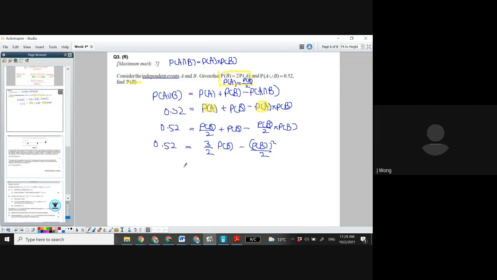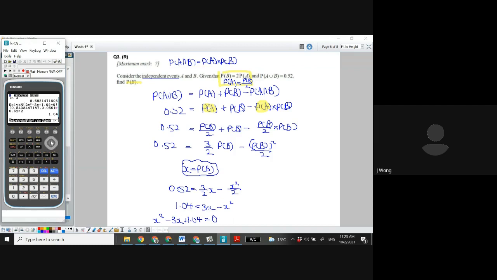It will be easier to see if you make x equal probability of B, where you have 0.52 equals 3 over 2 x minus x squared divided by 2, or 1.04 equals 3x minus x squared. So we have x squared minus 3x plus 1.04. Okay, so with that, we could solve this equation.